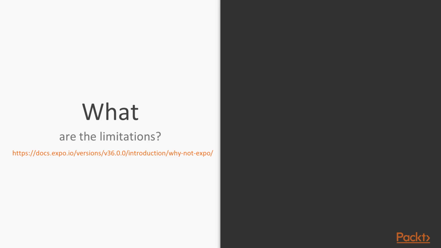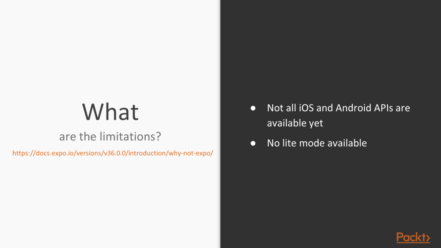Although the managed workflow is a great starting point, it comes with a set of limitations, such as not all iOS and Android APIs are available yet. For example, if your app wanted to utilize Bluetooth, you would not be able to achieve that with this workflow. Or, if you wanted a lightweight app, that will not happen with Expo because it will by default include all of its APIs whether you decide to use them or not.